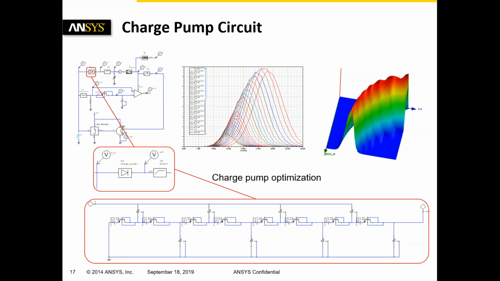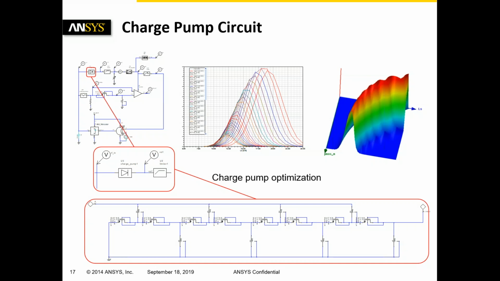The goal of this optimization is to achieve maximum DC output voltage on a resistive load, which is used to model the power consumption by all the circuits on the tag. We can do that at a given input power level by varying the transistor size and or number of charge pump stages.